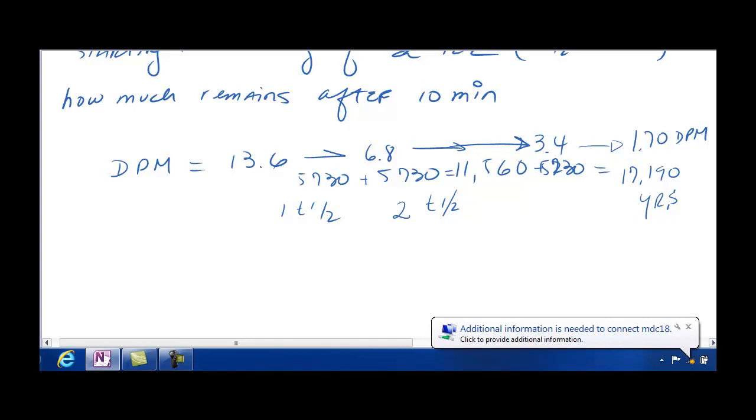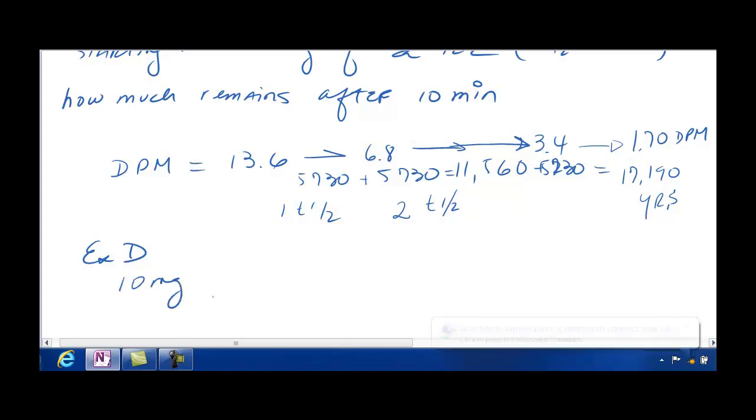Example D, on page 126. I have 10 milligrams of iodine-131. And iodine-131 has a half-life of 8 days.